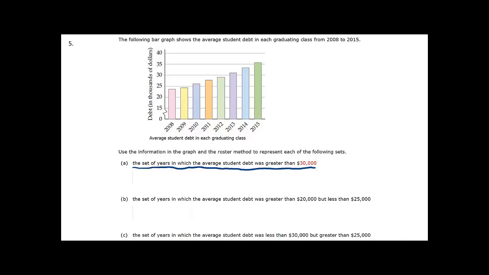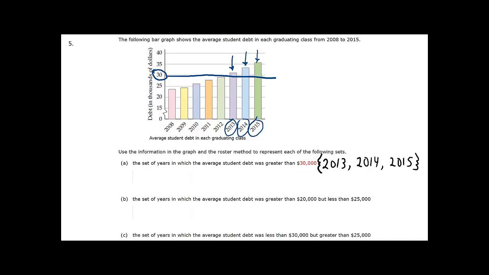In A, we want the set of years in which the average student debt was greater than 30,000. So if we draw a horizontal line at 30,000, we want the years represented by bars that exceed that 30,000 mark, and that would be the years 2013, 2014, and 2015.